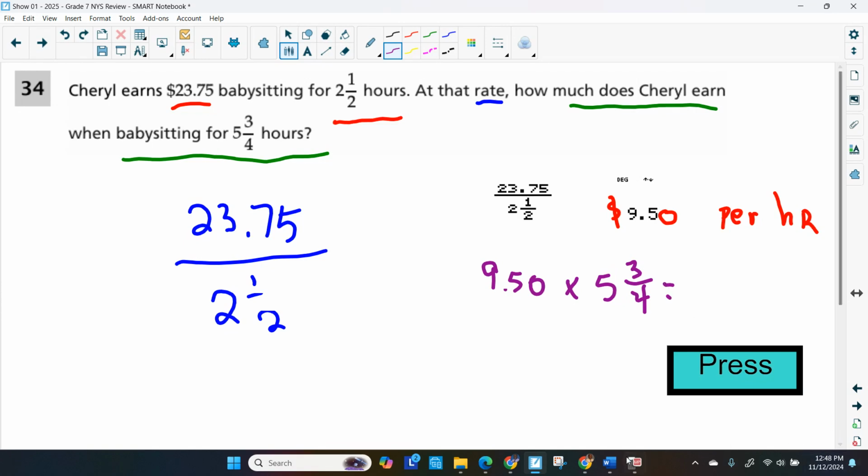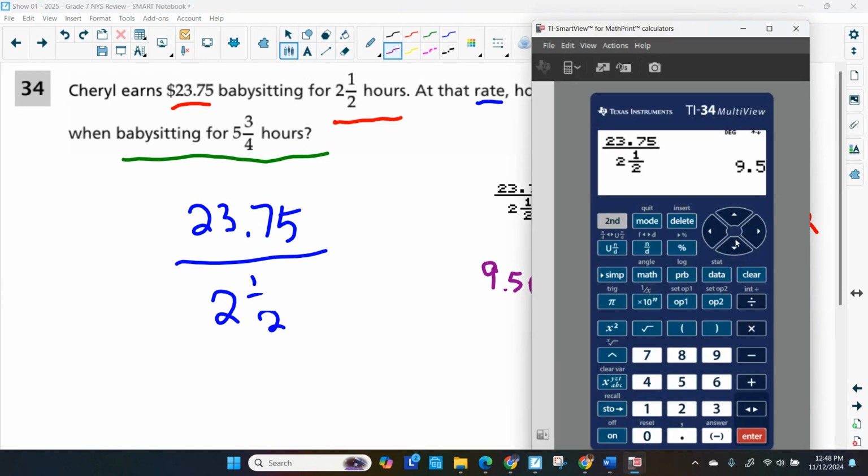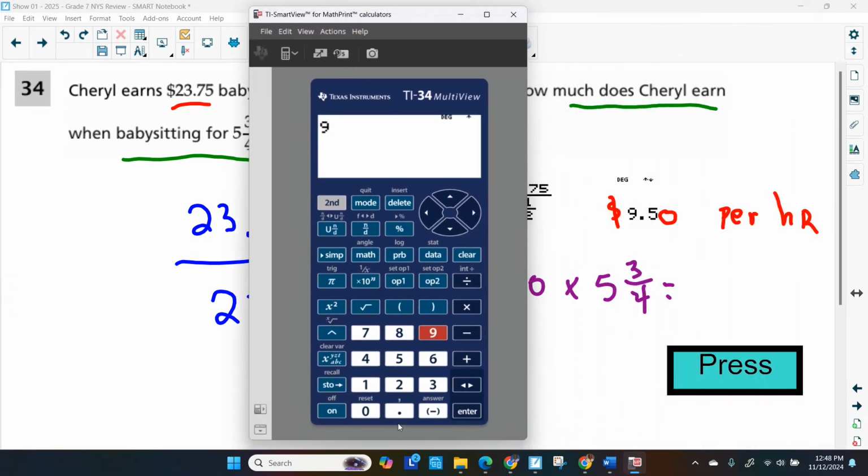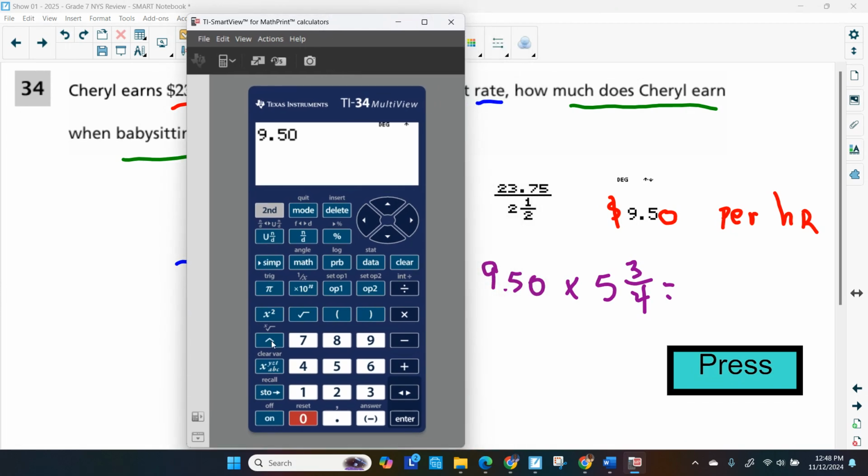So let me get my calculator one more time. And let's clear this. $9.50 times 5 3/4.